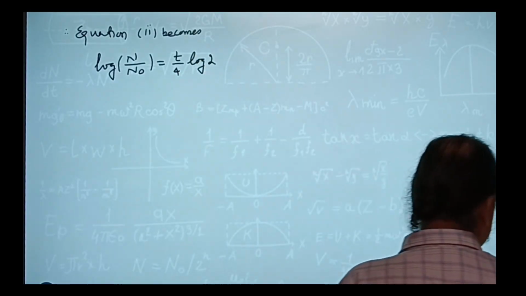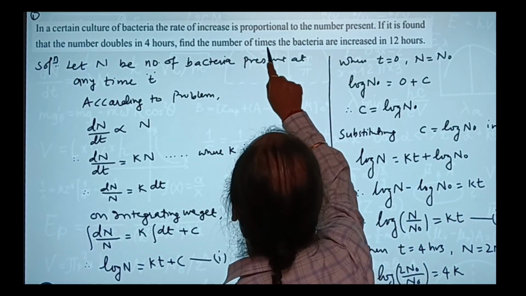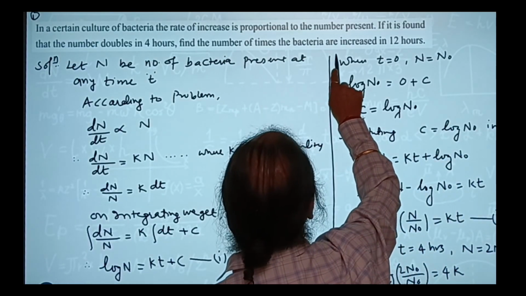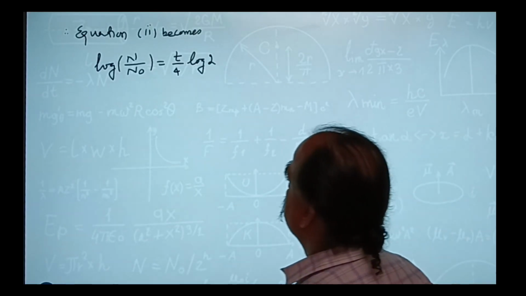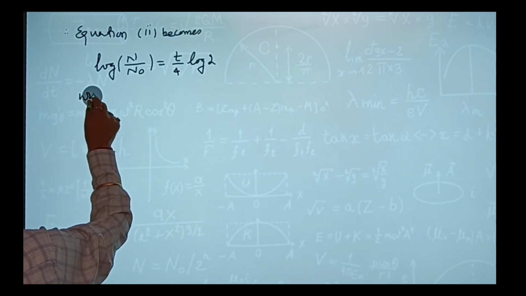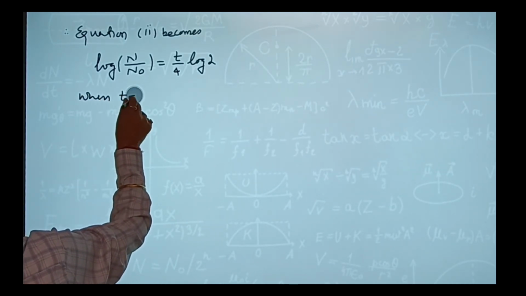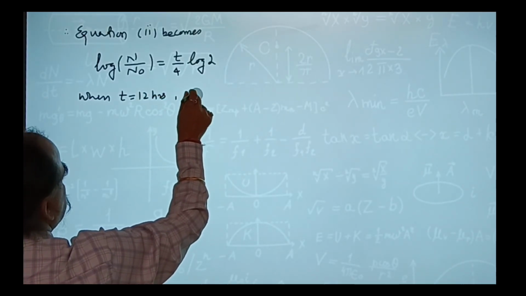Now they want to find the number of times the bacteria are increased in 12 hours. That means when t is 12 hours, n is what?